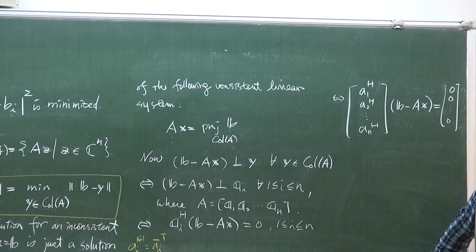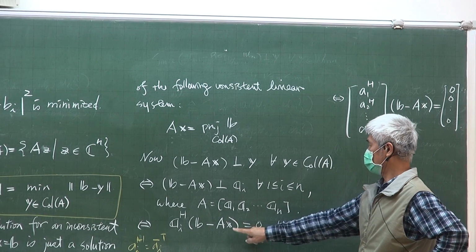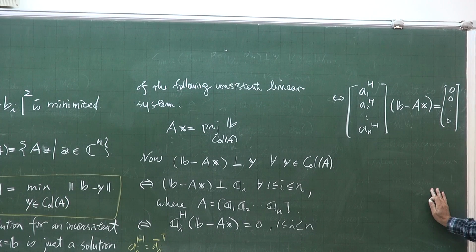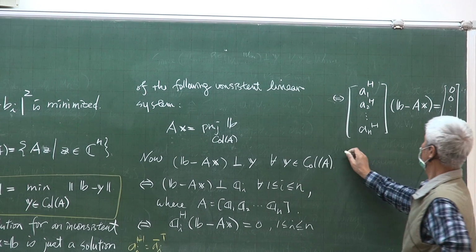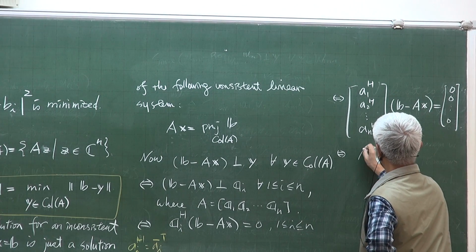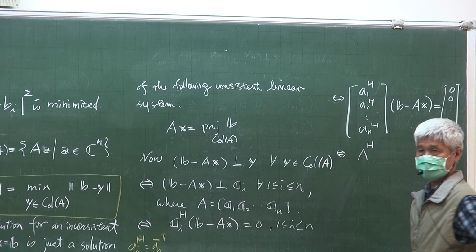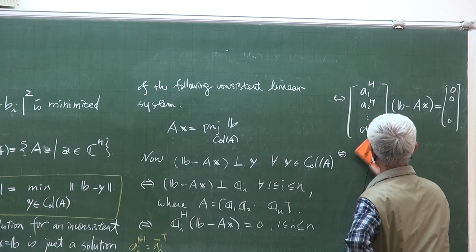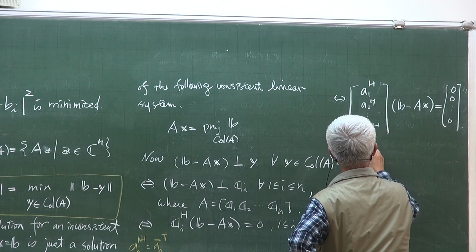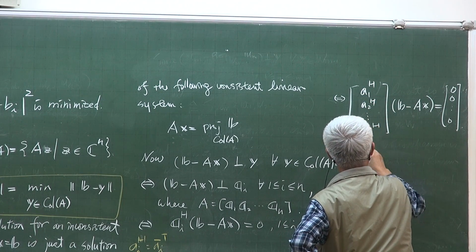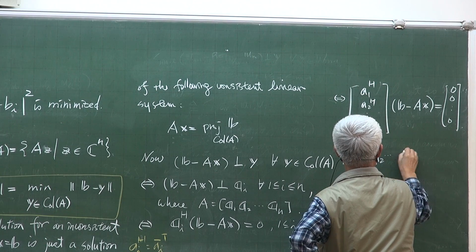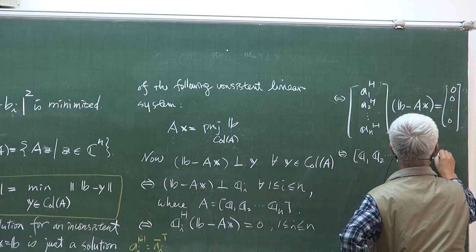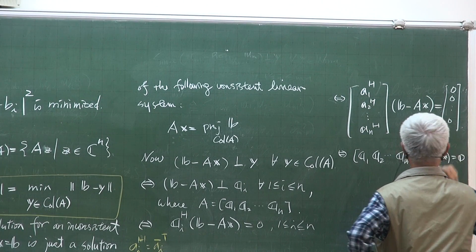We put the n equations into one equation here. And what is that? This is A transpose, A Hermitian. This is exactly A Hermitian, times B minus AX equal to the zero vector.